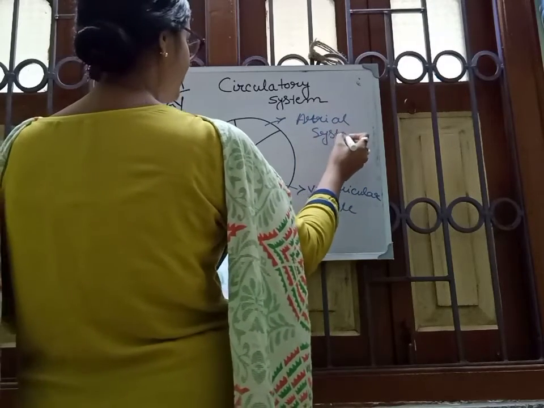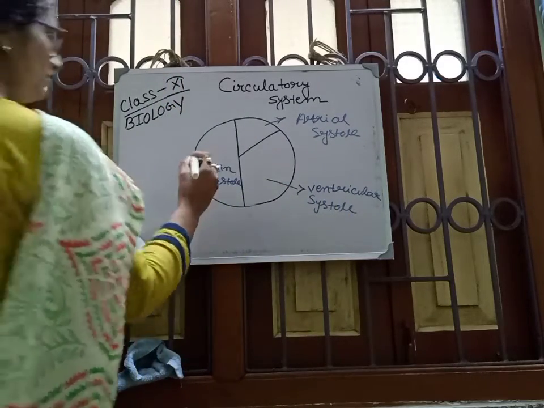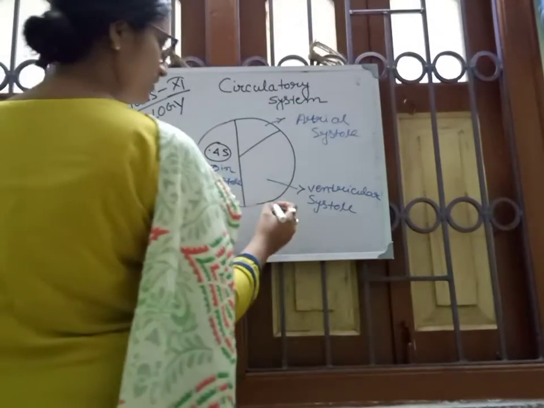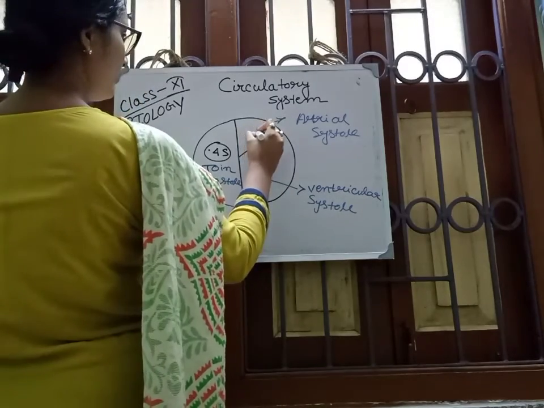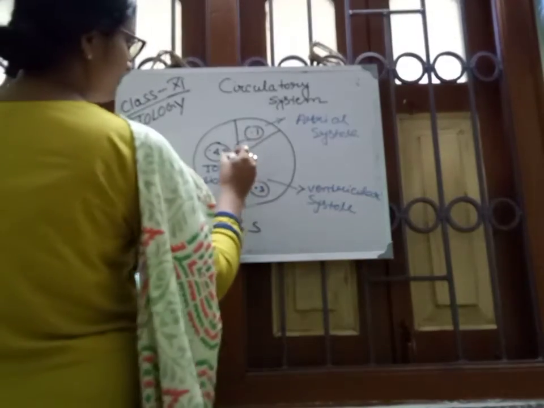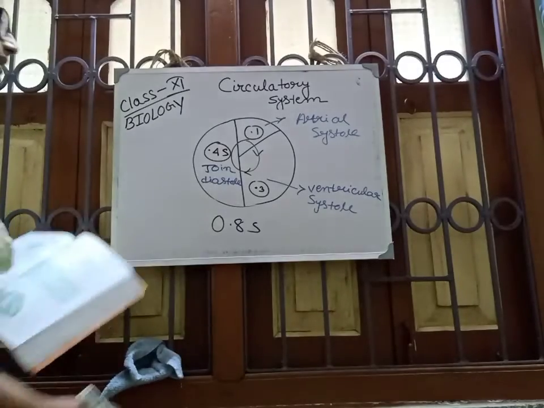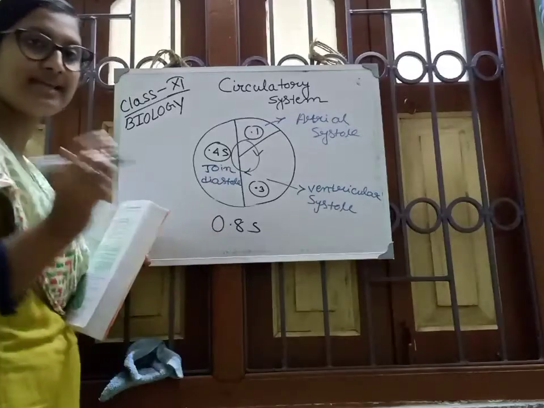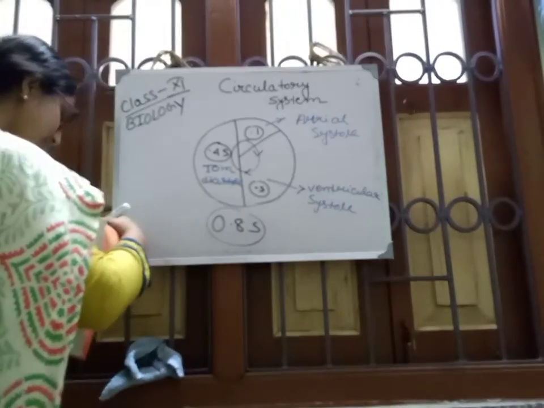What time does each take? The joint diastole takes 0.4 second, the ventricular systole takes 0.3 seconds, and the auricular systole takes 0.1 second. Total 0.8 seconds completes one heartbeat.